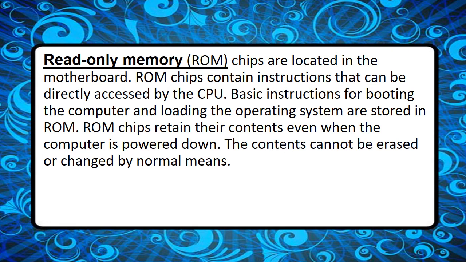ROM chips contain instructions that can be directly accessed by the CPU. Basic instructions for booting the computer and loading the operating system are stored in ROM. And then, ROM chips retain their contents even when the computer is powered down. The contents cannot be erased or changed by normal means.